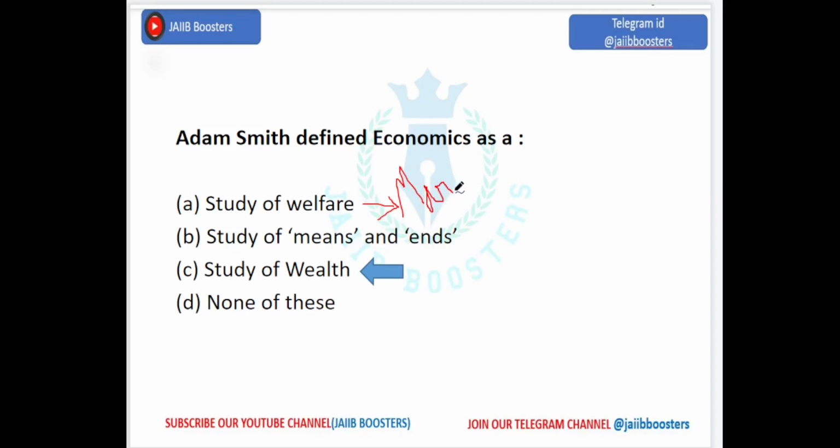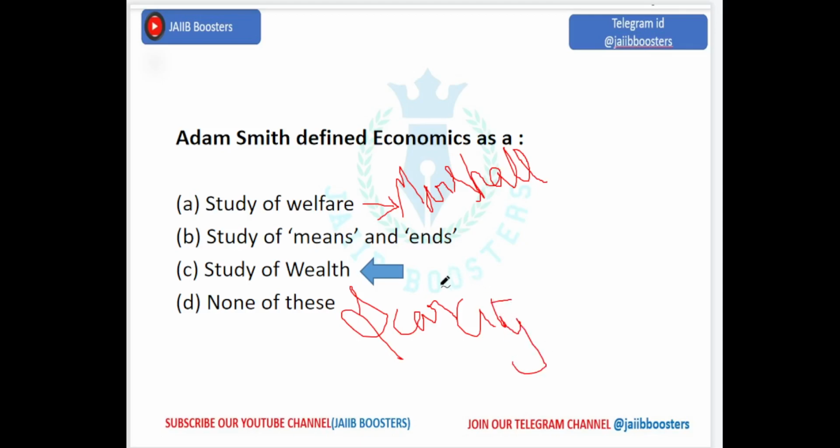Marshall. And also scarcity. Scarcity is given by Robbins.